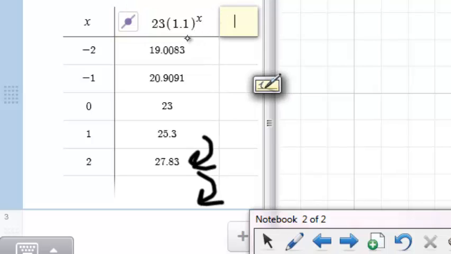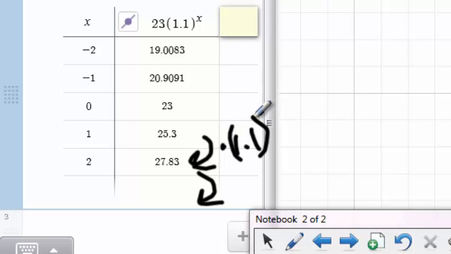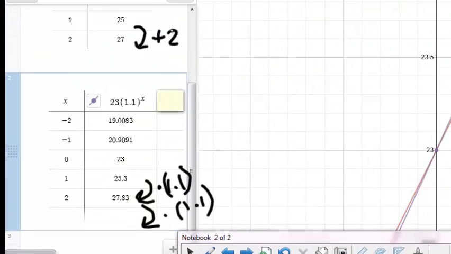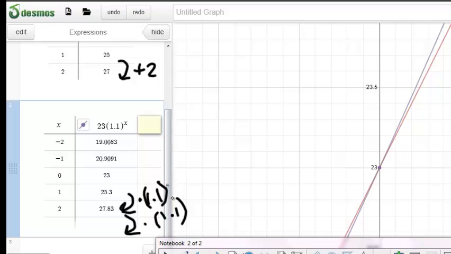Because that's what an exponent is. 1.1 to the first is 1.1. 1.1 to the second is 1.1 times 1.1, and so on. So what we're really doing down here is each time we're multiplying times 1.1. So down here, times 1.1. So with a linear equation, you're adding the same amount. With an exponential equation, you're multiplying by the same amount each time.